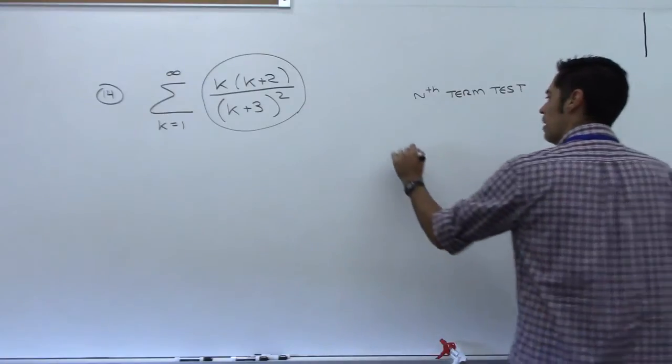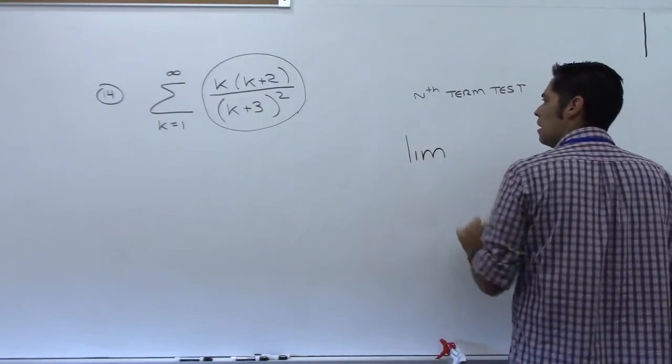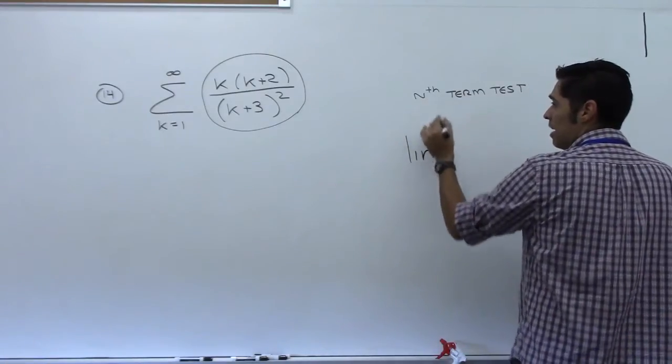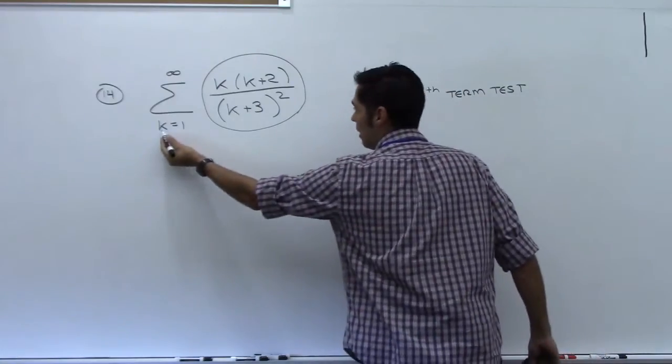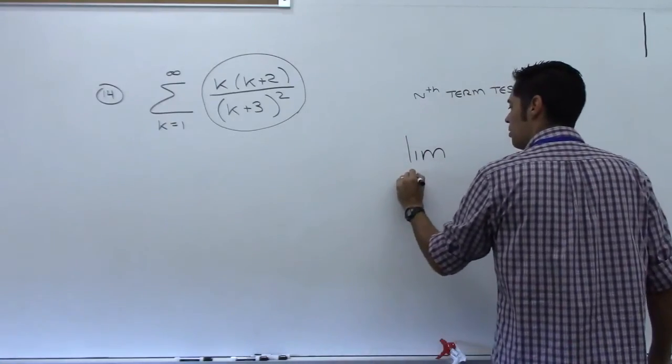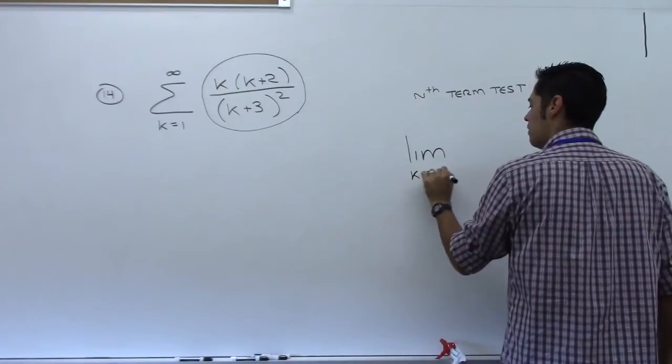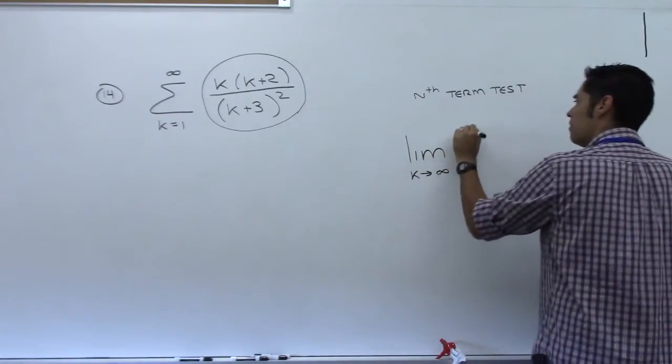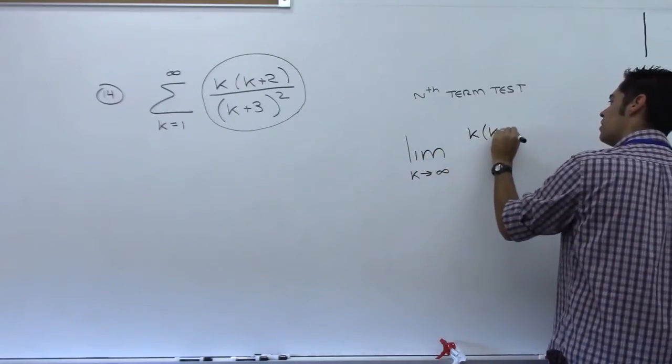If we take the limit as, in this case, we usually use n here, but since this problem is using k, what we're going to do is let k go to infinity of the sequence.